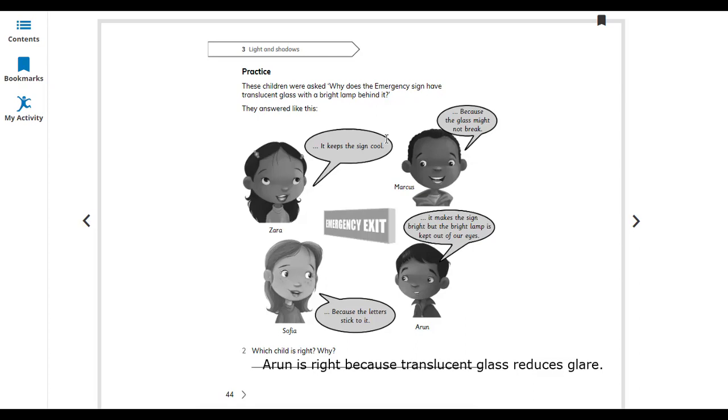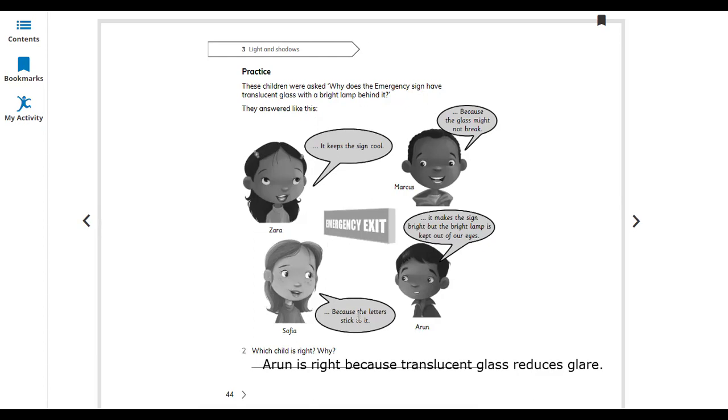Let us move to the next. I'm repeating this page again. These children were asked, why does the emergency sign have translucent glass with a bright lamp behind it? Behind this translucent glass there is a bright lamp. The students answered like this. Zara said it keeps the sign cool.